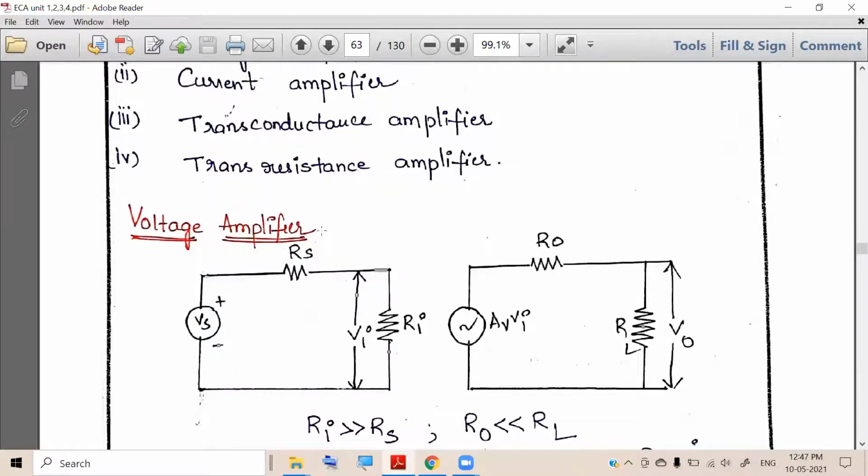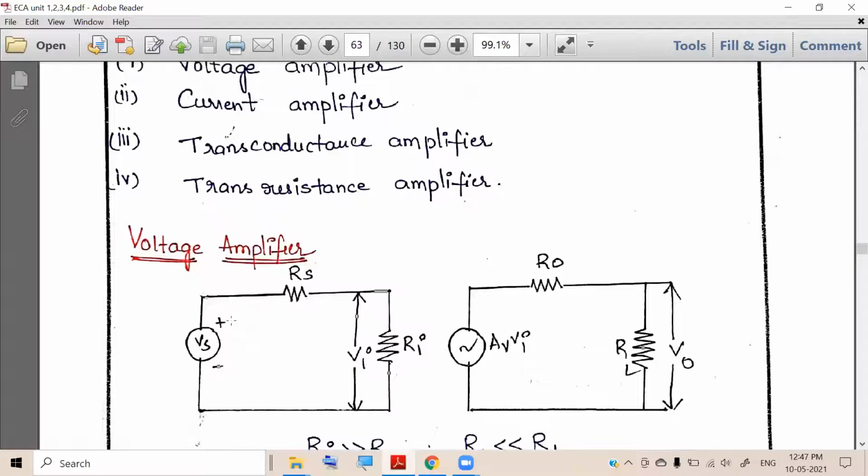Now, when will Vi be nearly equal to Vs? No loss means this part of the circuit has no loss, means Vi is nearly equal to Vs. When will that occur?